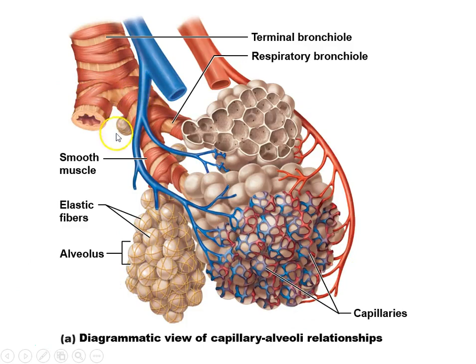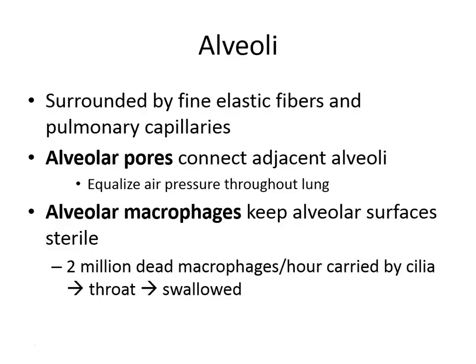You can see the smooth muscle on the respiratory bronchioles and alveolar ducts to allow for contraction. And then between the alveoli, you've got these holes, or pores, that make sure we equalize pressure throughout the lung. Otherwise, you might have some alveoli under really high pressure, and some under very little pressure, and they might be collapsed.